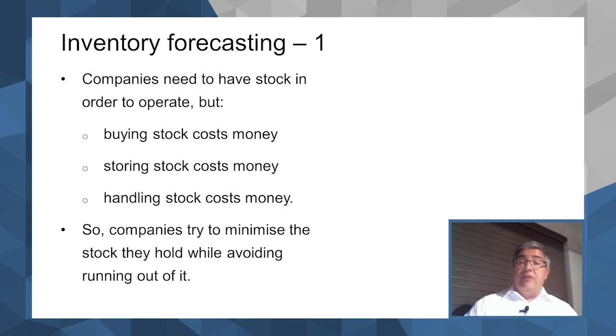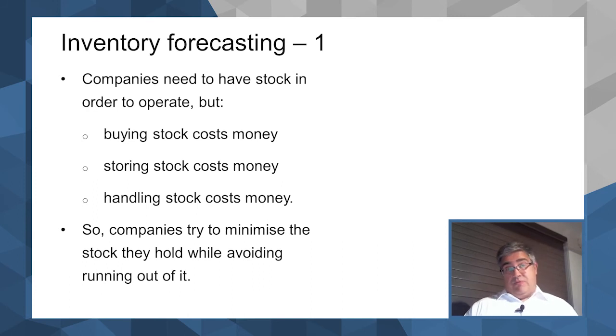Inventory forecasting is a little bit between forecasting and optimization, because what we are actually going to be doing is finding the level of inventory we want to order to minimize the cost. So in a business that sells products, we need to have inventory. We need to have stock to sell. But having the stock costs us money.